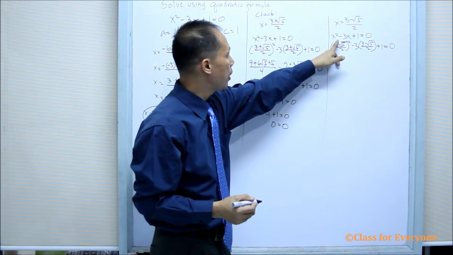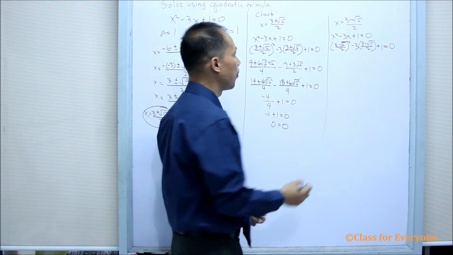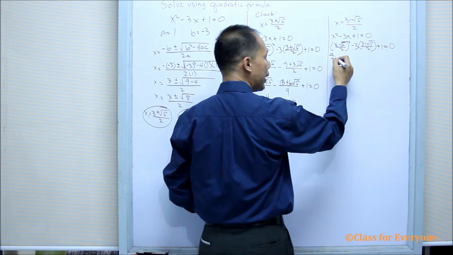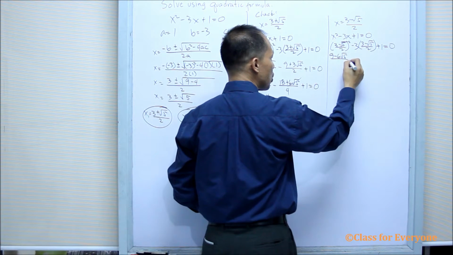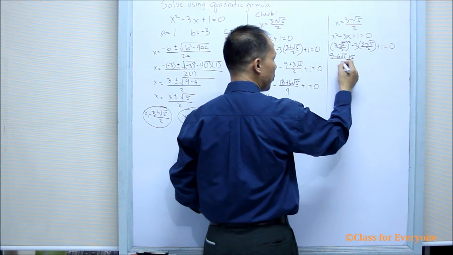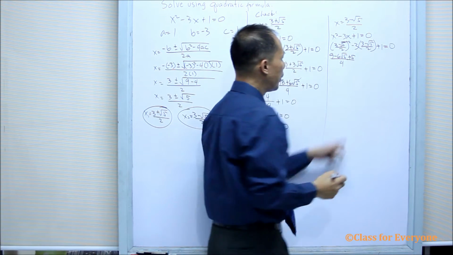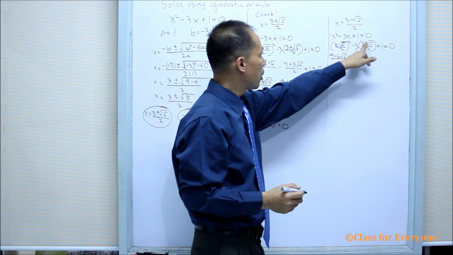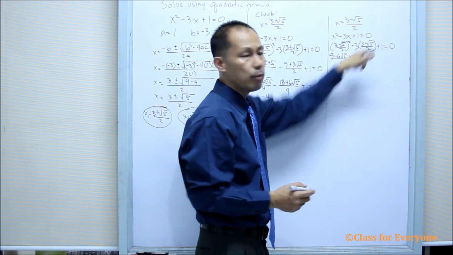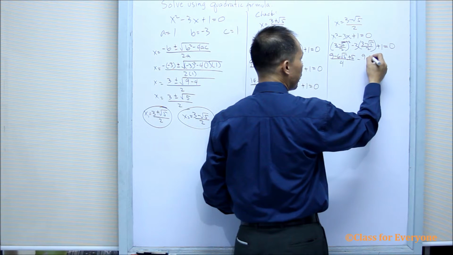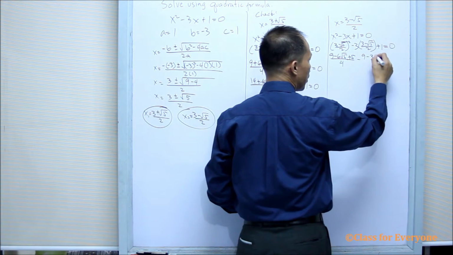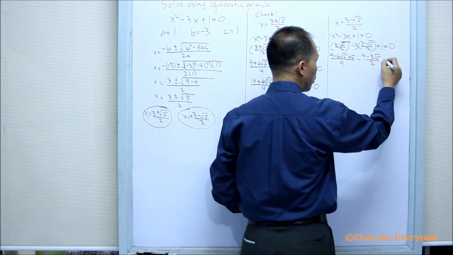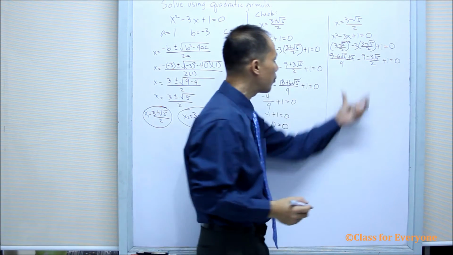Squaring the numerator and the denominator, we'll have 9 minus 6 times the square root of 5 plus 5, over 4. And then distributing 3 inside the parentheses in the numerator, we'll have 9 and then negative 3 square root of 5, over 2, plus 1 equals 0.